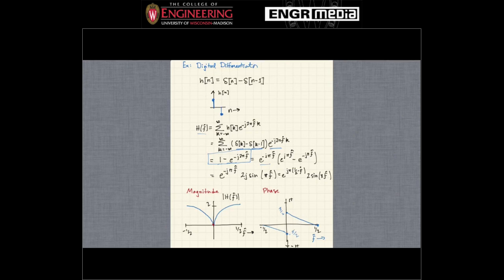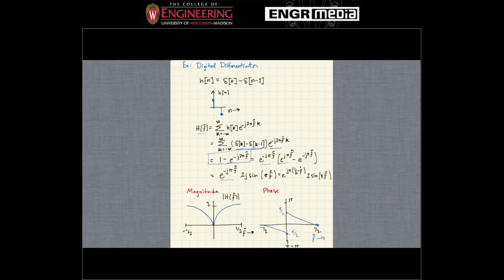And note, of course, that when I multiply e to the minus j pi f hat times e to the plus j pi f hat, that just gives me 1. And then again, I multiply e to the minus j pi f hat times minus e to the minus j pi f hat, I get minus e to the minus j 2 pi f hat. All right, so I know that was a mouthful, but it's pretty easy to check that these two expressions are equal.